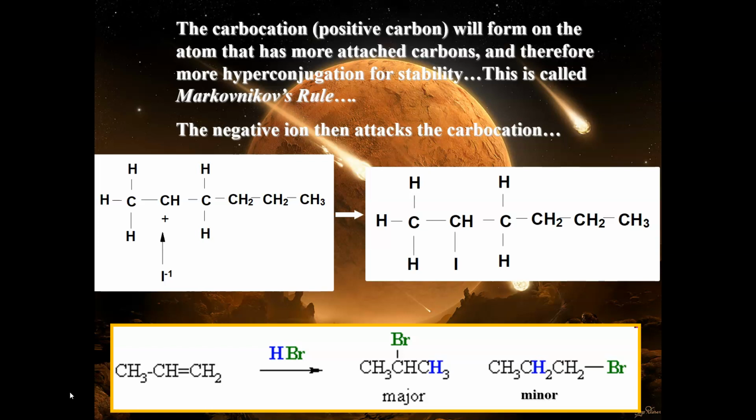So Markovnikov's rule states that the carbocation, or the positive carbon, is going to form on the atom that has more attached carbons. Therefore, it has more hyperconjugation for stability. We call that Markovnikov's rule. So that means we're going to be looking at carbon 2.